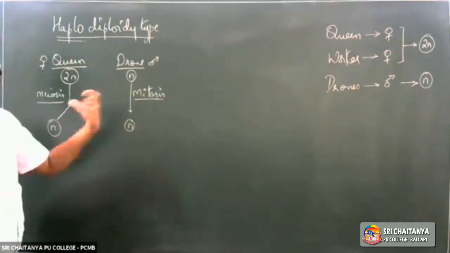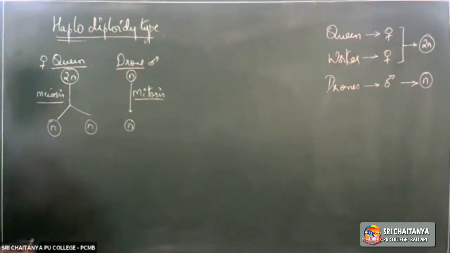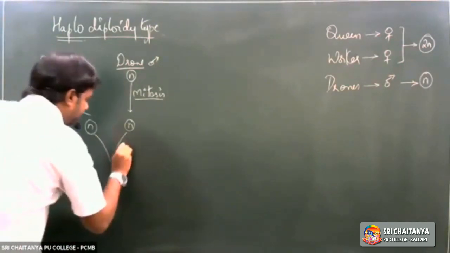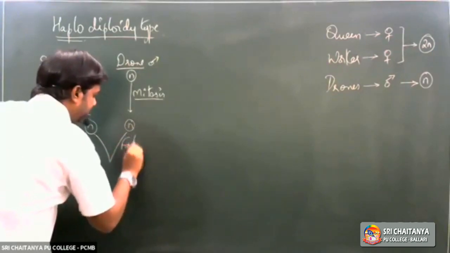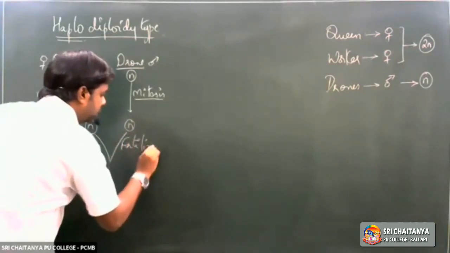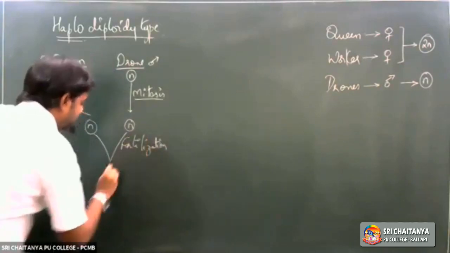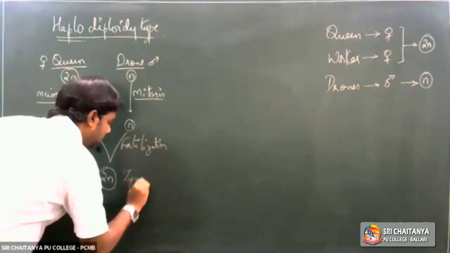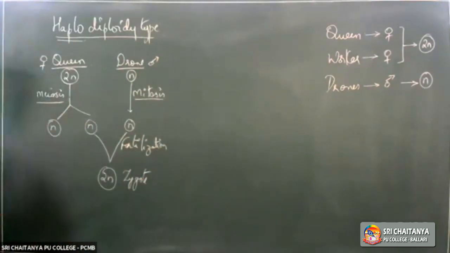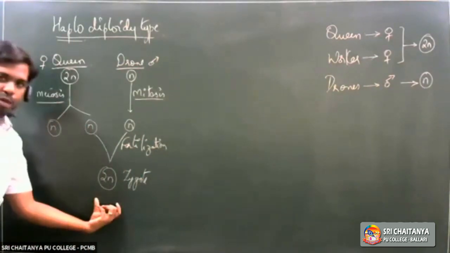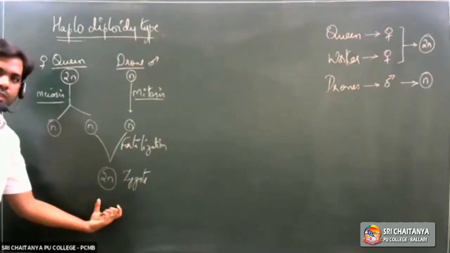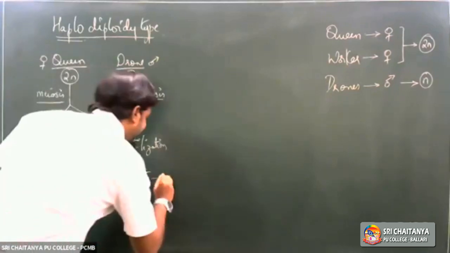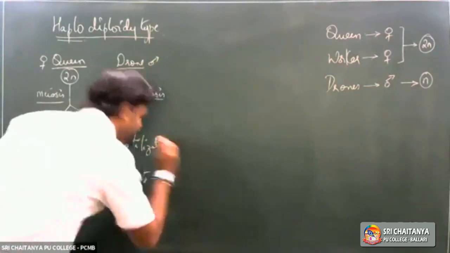Once the male and female gametes have been formed, the female gamete will fuse with the male gamete through fertilization, forming a diploid zygote. Since it is diploid in number, the sex of this individual would be female.